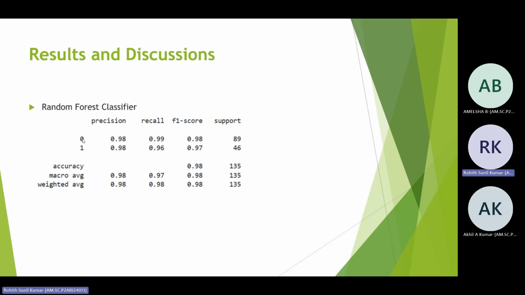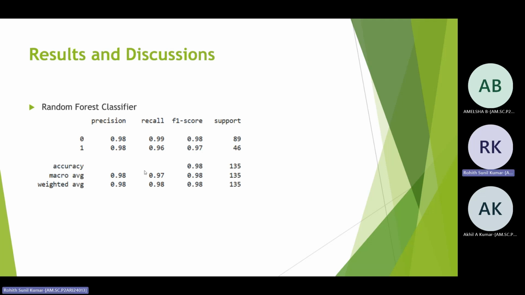The precision for class 0 is 98%, and for class 1 it is 98%. For the recall, for class 0 it is 99%, and for class 1 it is 96%, and the F1 score for class 0 is 98%, and class 1 is 97%, with the support of 89 instances for class 0 and 46 for class 1.